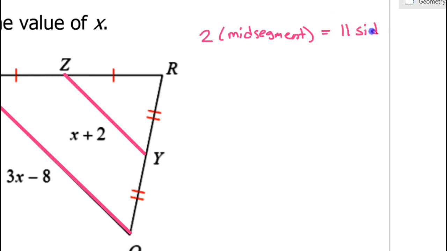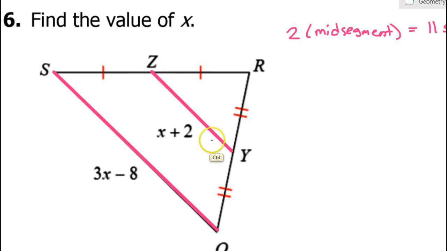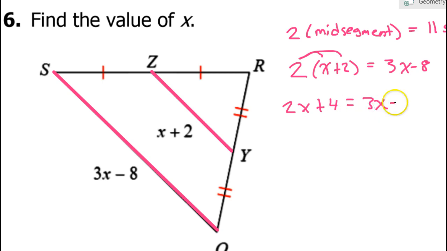If we double the midsegment, it should equal the parallel side. So 2 times the midsegment, x plus 2, should equal the parallel side, which has the expression 3x minus 8. It's just a matter of solving this equation, and we will do a quick distributive property, and that is 2x plus 4 is equal to 3x minus 8.